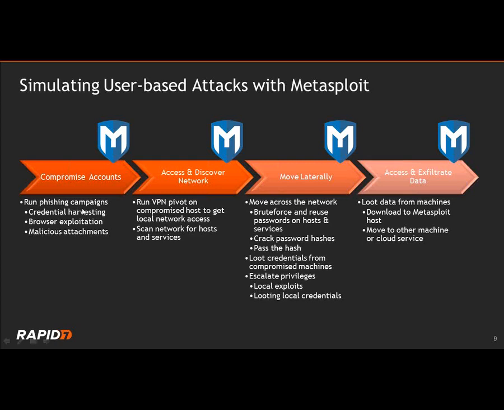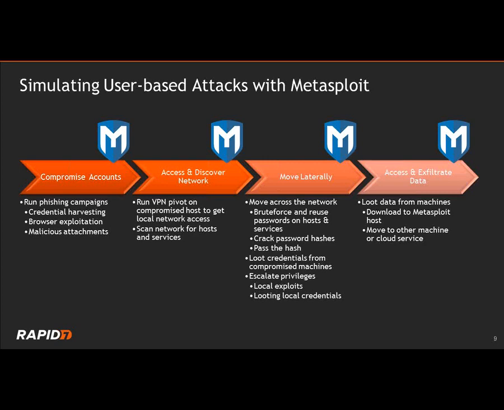So with Metasploit, you can run phishing campaigns that harvest credentials. We can clone web pages, so for example, LinkedIn pages, Outlook Web Access, or maybe a VPN HTTP server and so on, that looks exactly like the service that you use internally.